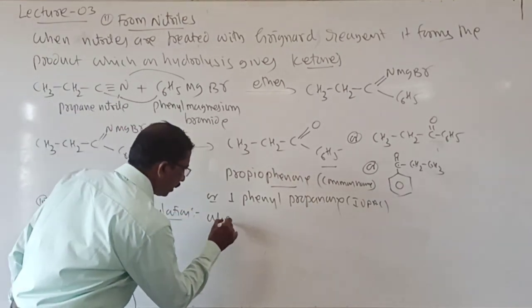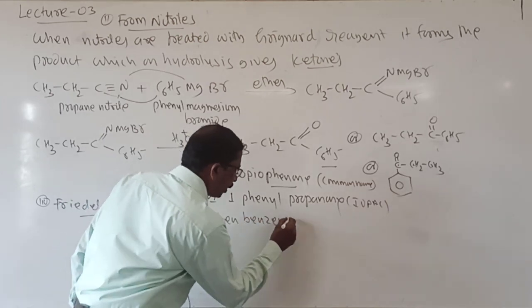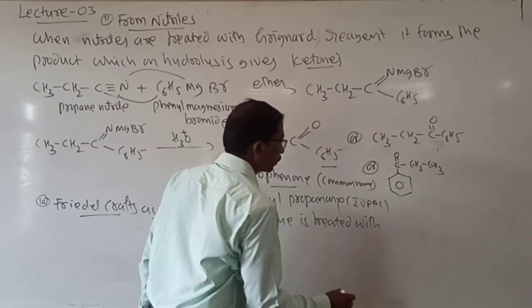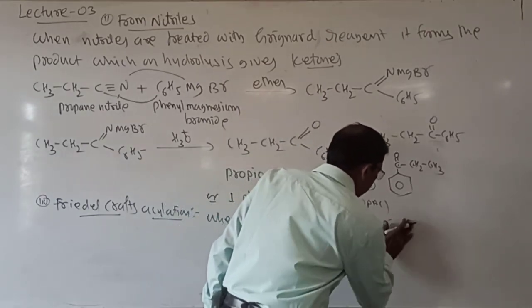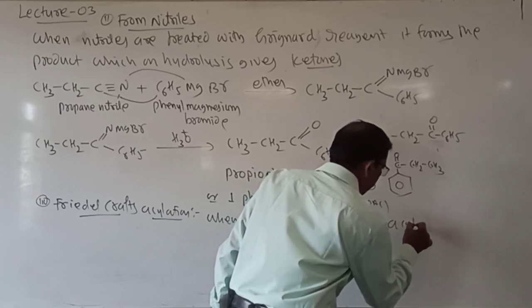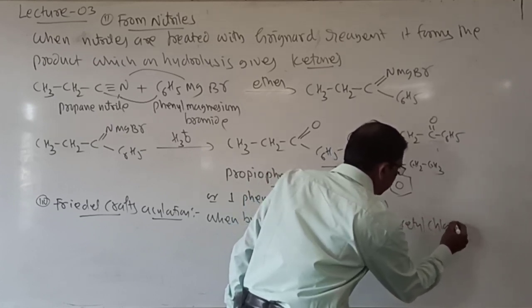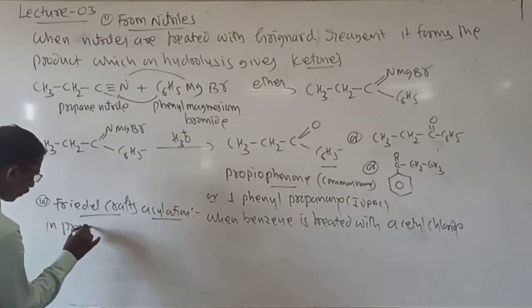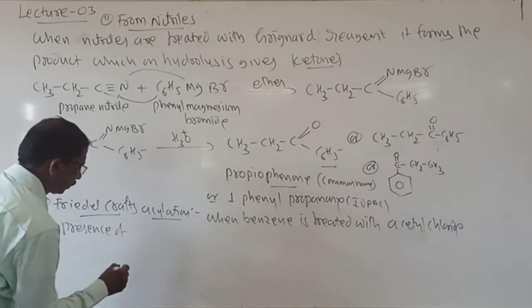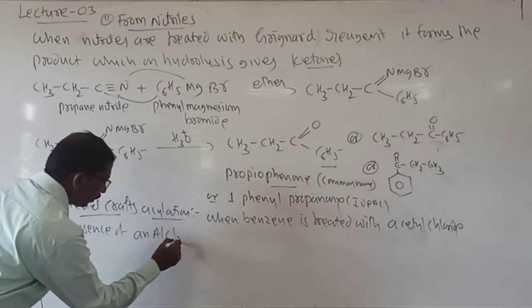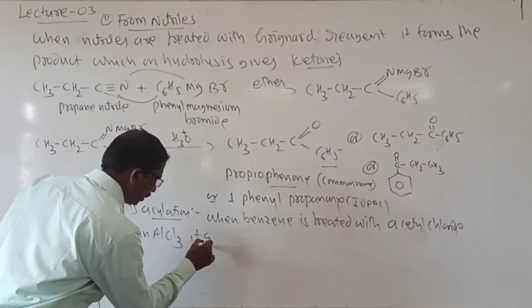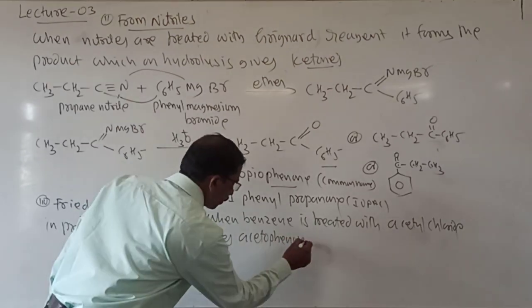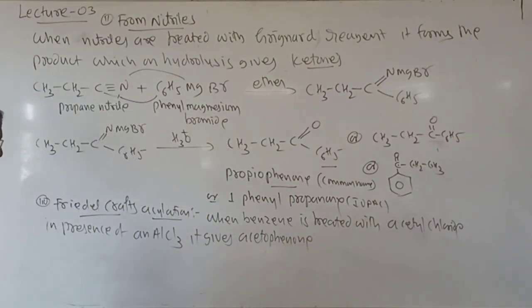So when benzene is treated with acyl chloride in presence of anhydrous aluminum chloride, it gives acetophenone.